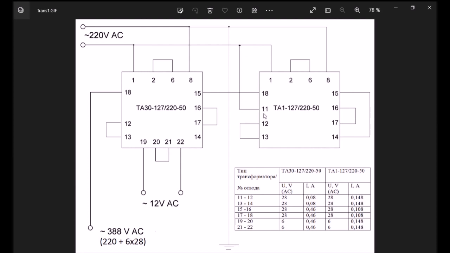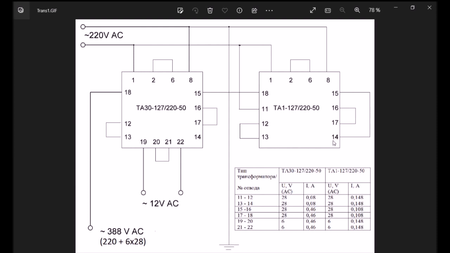In the secondary winding we begin to collect voltages, in addition to the initial grid voltage. On the first secondary we obtain 28 volts, where the 12th and 13th terminals are connected.